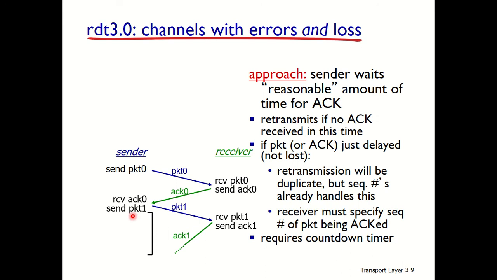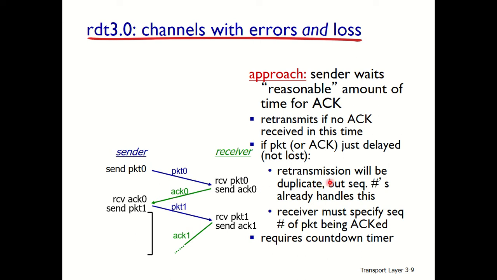So the timer is now on. When the acknowledgement or the packet is lost, the sender doesn't receive the acknowledgement within this time. So what should it do? It retransmits if no acknowledgement is received in this time. So this packet will be retransmitted.